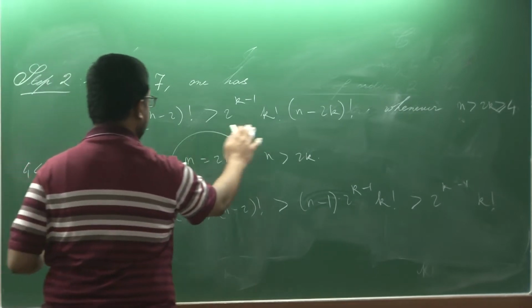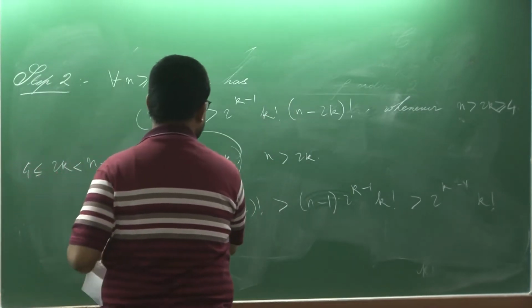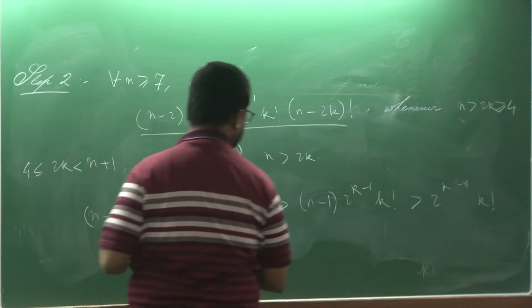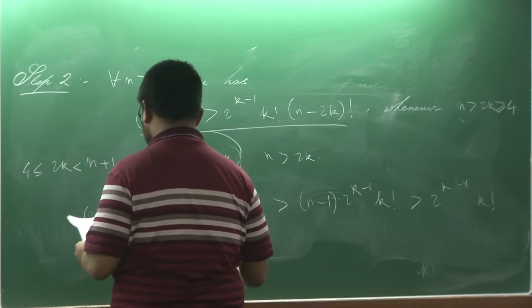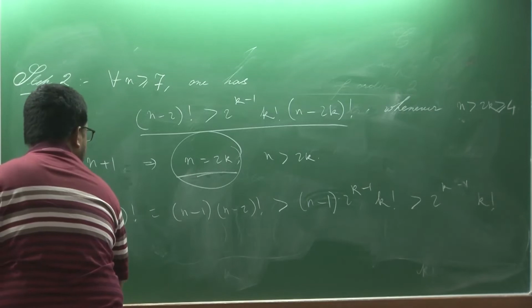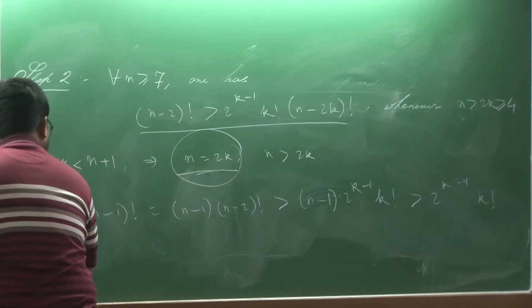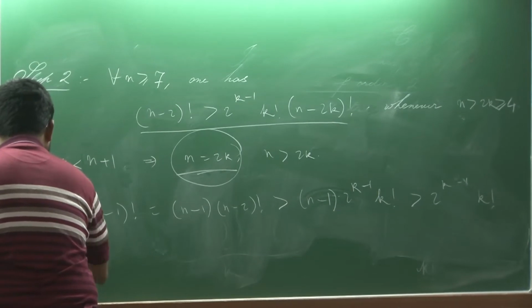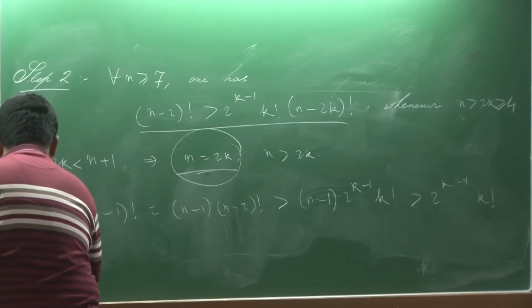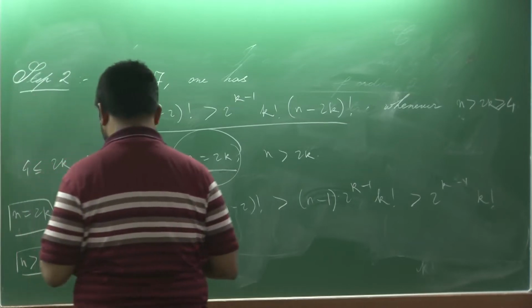So when n is 2k, in this case we have established this inequality. Now let us do the other case, n strictly greater than 2k.